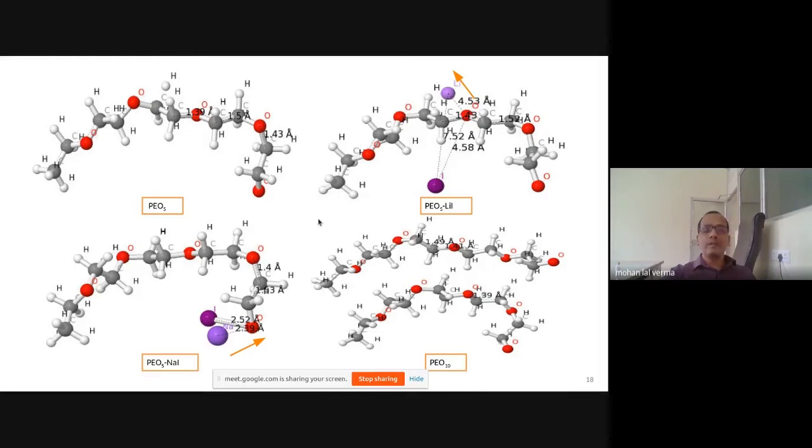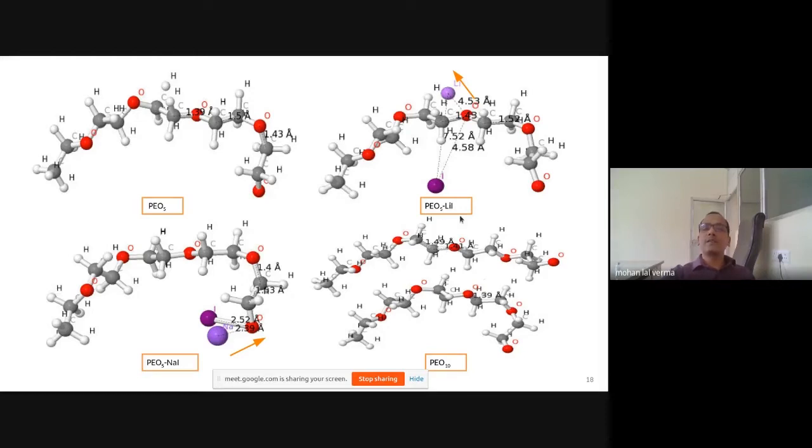We are observing the same for sodium iodide also, with a similar number of polymer chains increasing, and similar behavior as we have observed in the case of silver iodide, we are observing in the case of lithium.